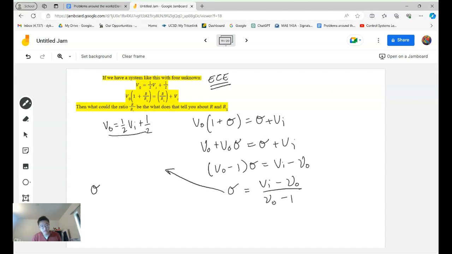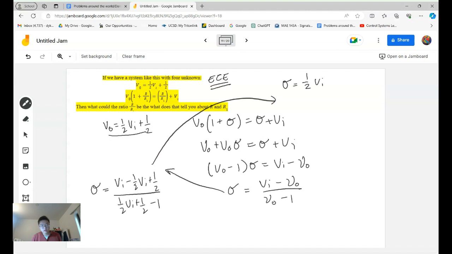If you plug this in now, omega equals Vi minus 1 half of Vi plus a half, divided by 1 half of Vi plus 1 half minus 1. What does that equal in the end? So omega equals, if you look at this, 1 half Vi plus 1 half divided by 1 half.